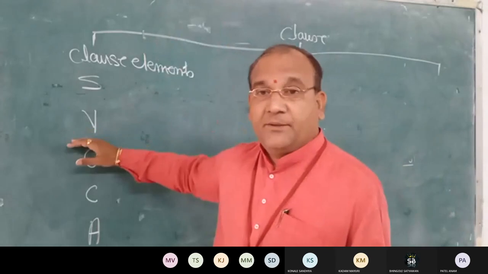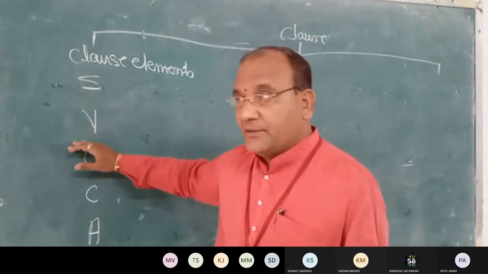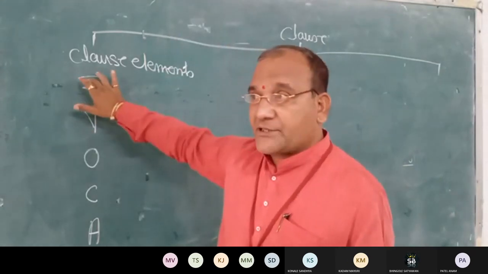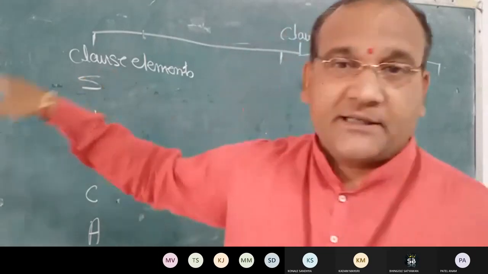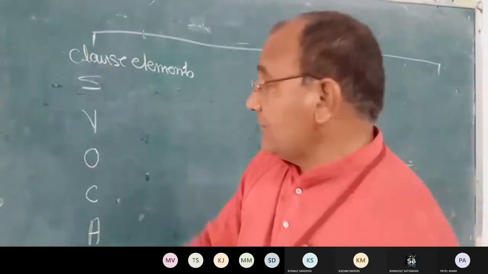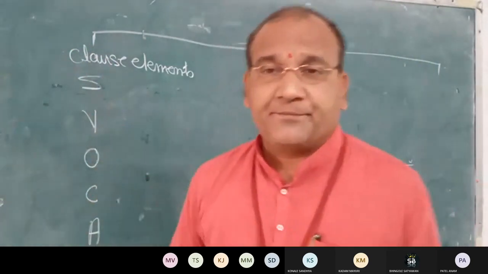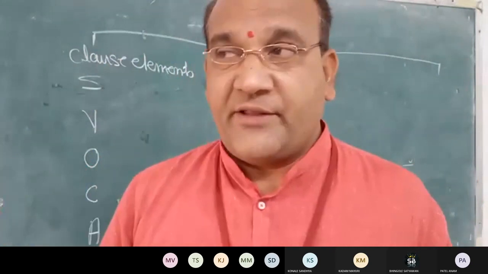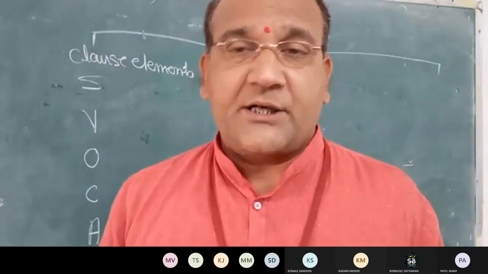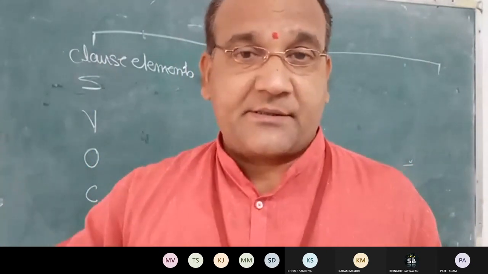V stands for verb. If the subject is the doer of the action, the word which tells us what action he or she does is the verb. What is our understanding of object? Generally, object means the receiver of the action, or such a component on which the action happens.